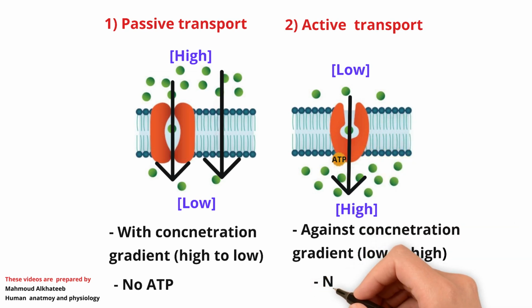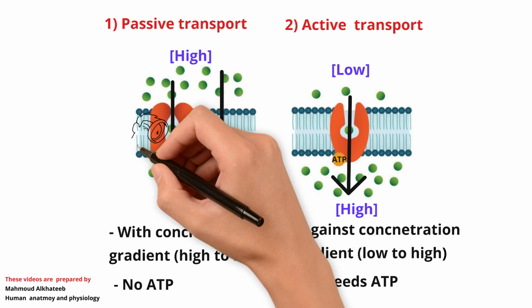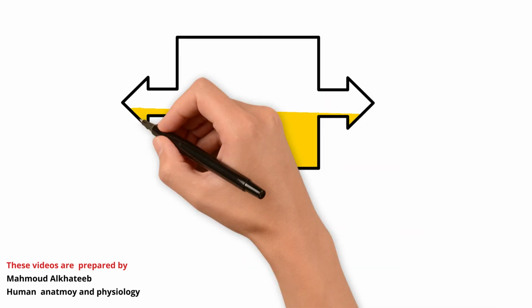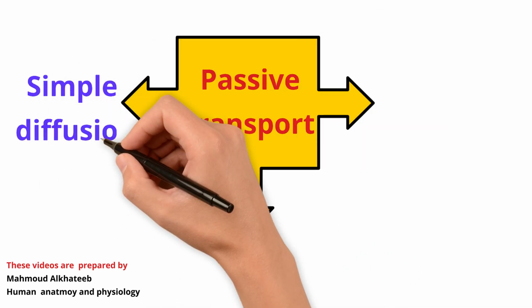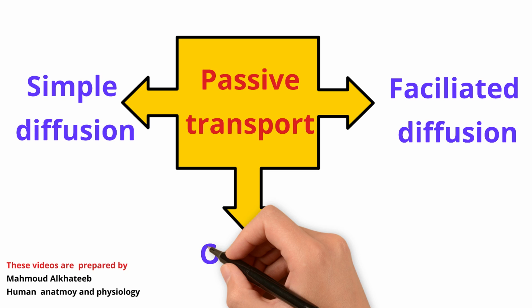Also, note that this process requires ATP as an energy source to accomplish the transport of molecules. Nonetheless, passive transport includes three key mechanisms: simple diffusion, facilitated diffusion, and osmosis.